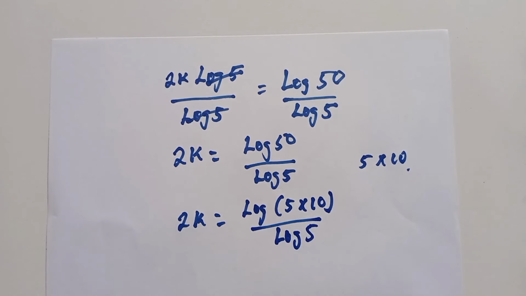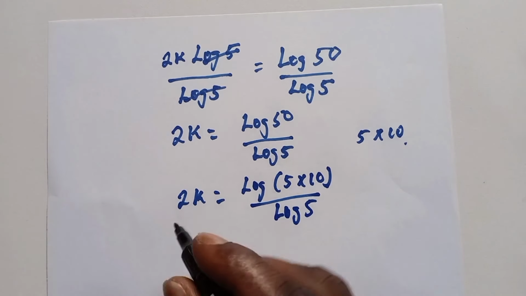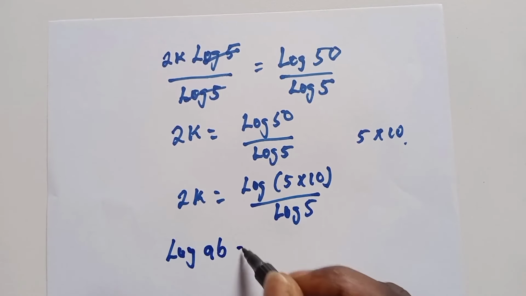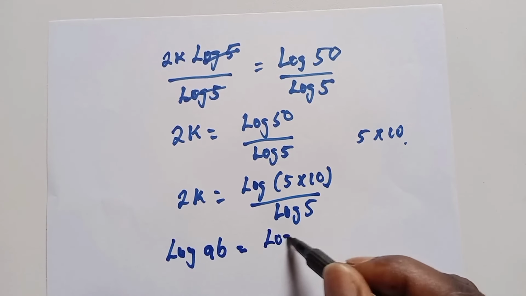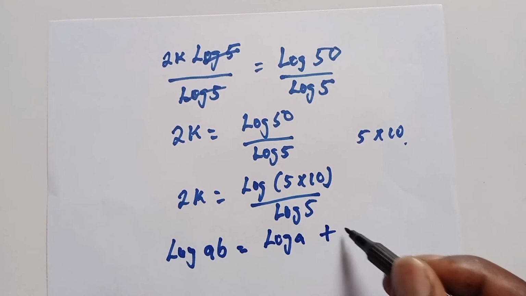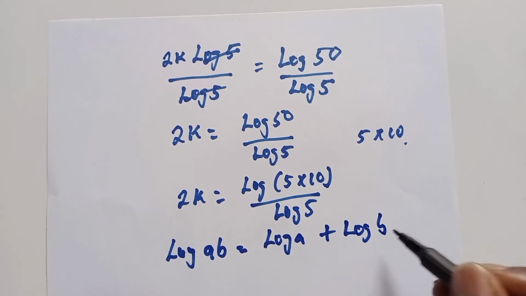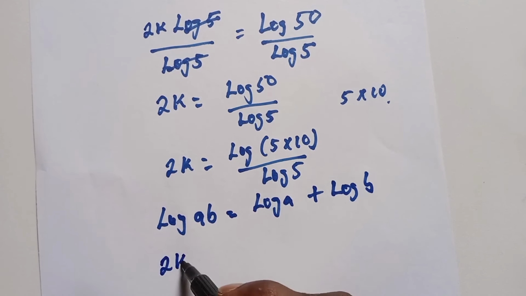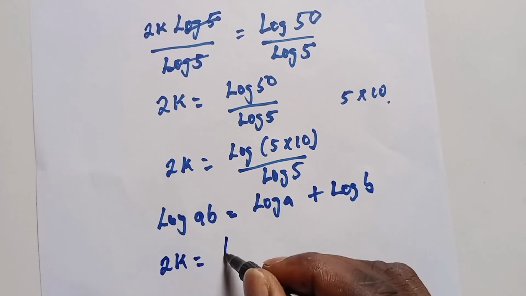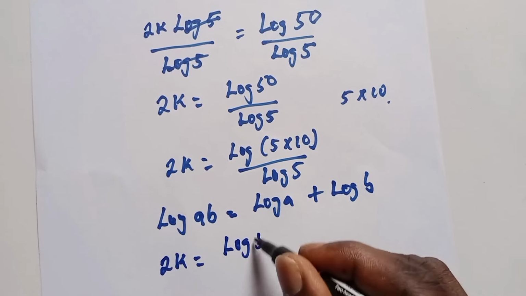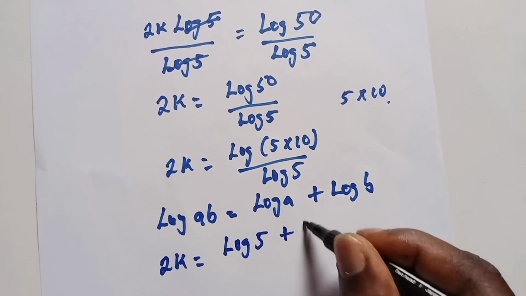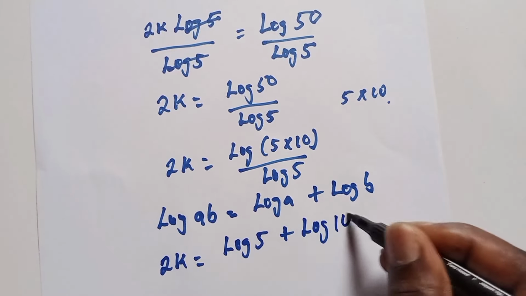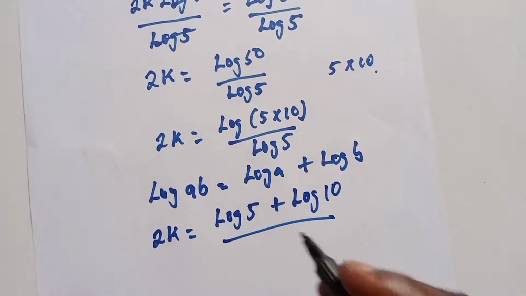If you apply the logarithm rule, log ab is equal to log a plus log b, we have 2k is equal to log 5 plus log 10 over log 5.